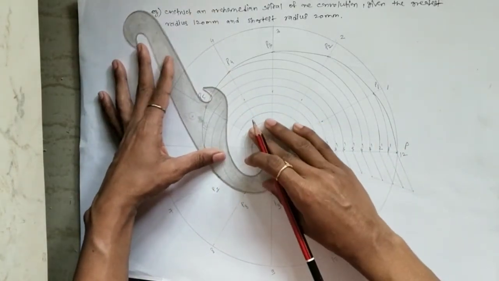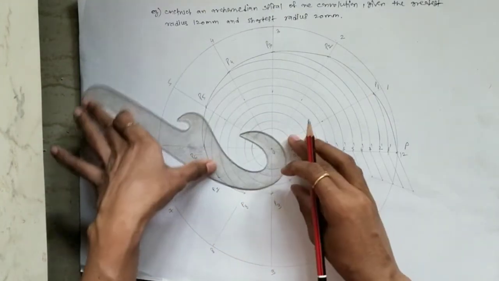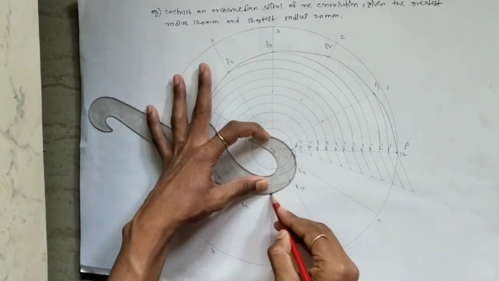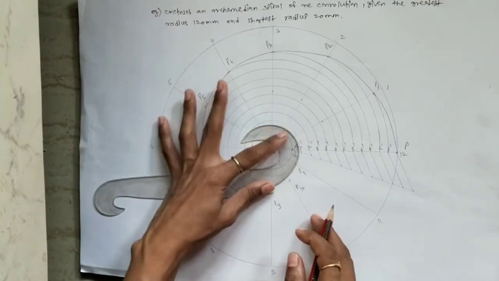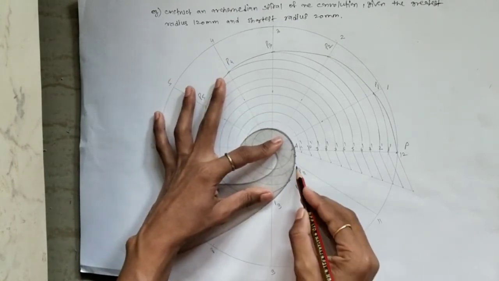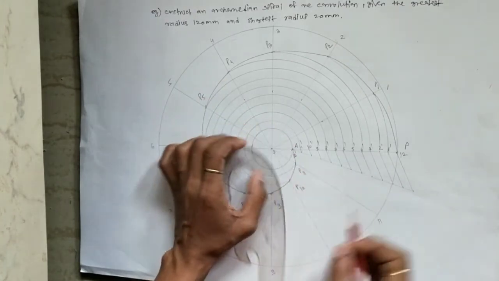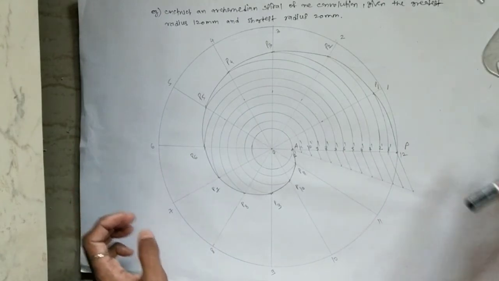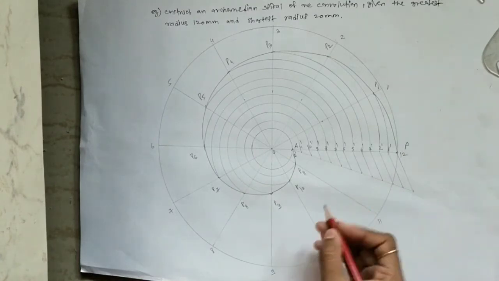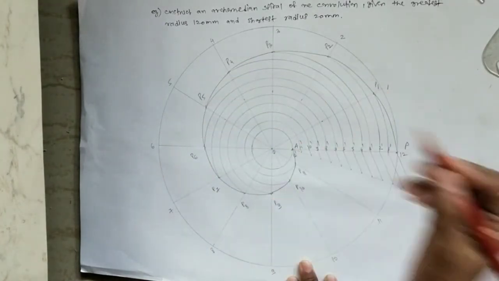P7 to P8. P8 to P9. P9 to P10. P10 to P11 and P11 to point A. And this is the Archimedean spiral from point P up to point A.